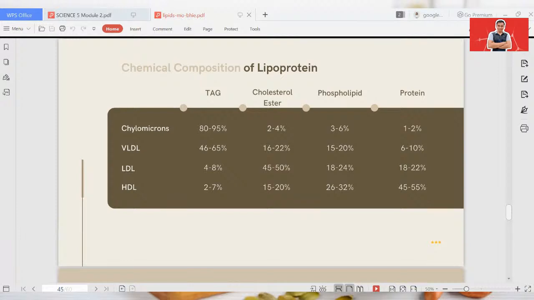So, I want everyone to observe in the given table, yan, tingnan niyo muna, and please comment what type of lipoprotein has the highest level of triglyceride or triacylglycerol. So, anong lipoprotein ang may pinakamataas na level ng triglyceride?